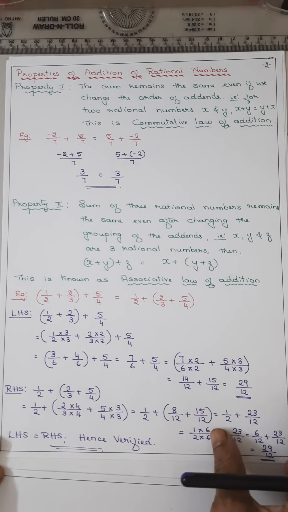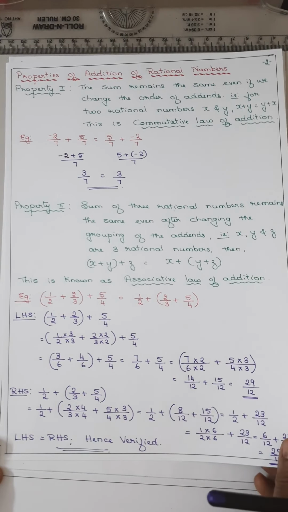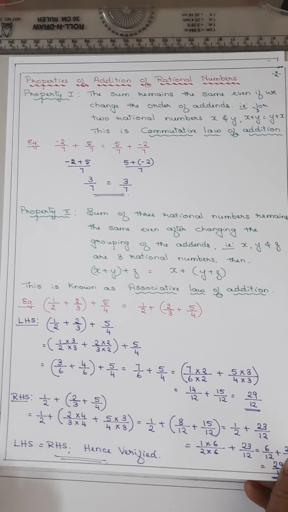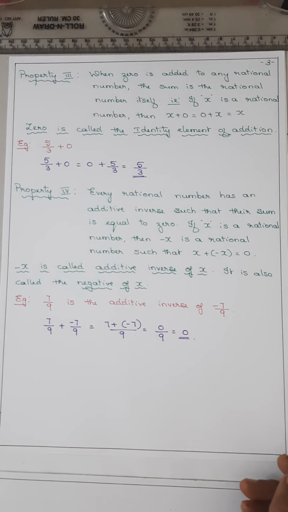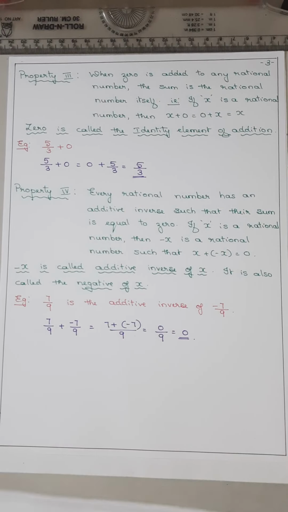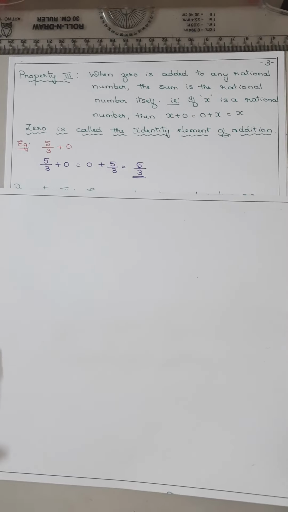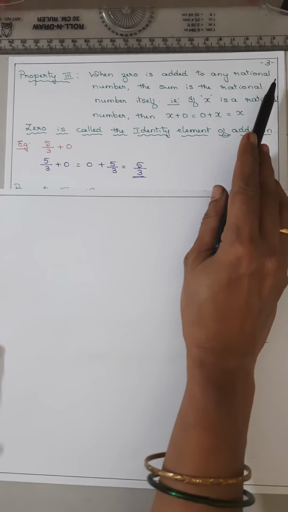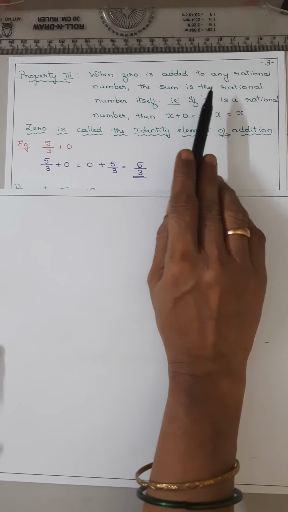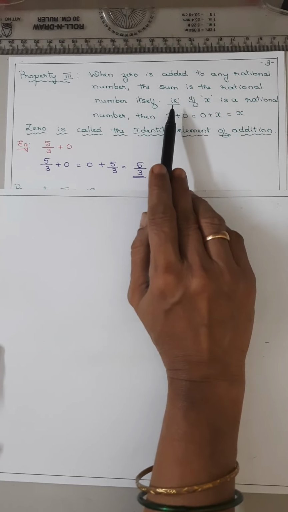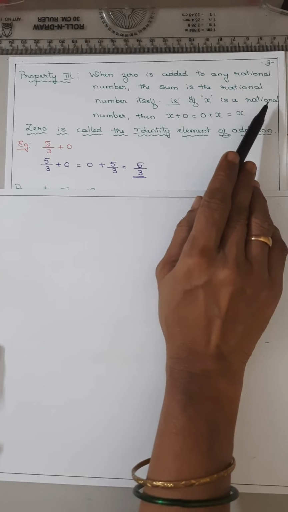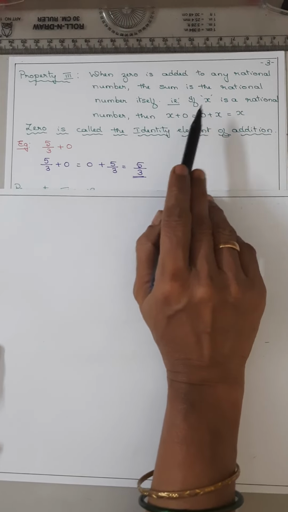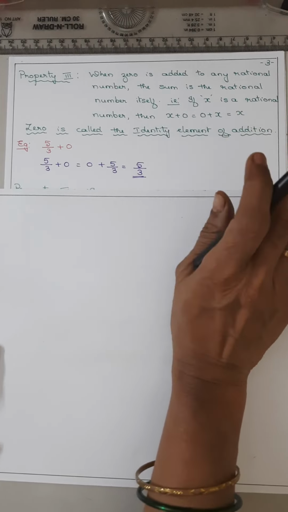So that was the associative property, property 2. Now property 3, when you add 0. When 0 is added to any rational number, the sum is the rational number itself. That means if x is a rational number, then x plus 0 is equal to 0 plus x is equal to x.